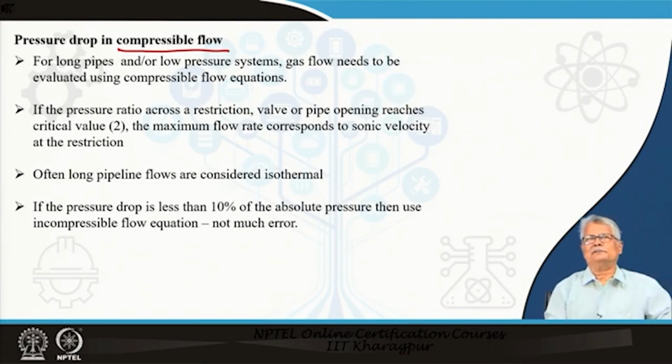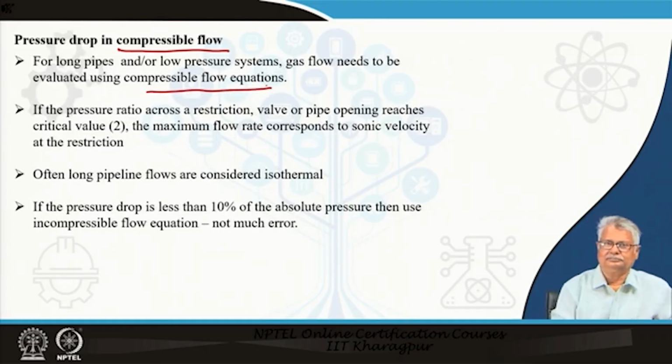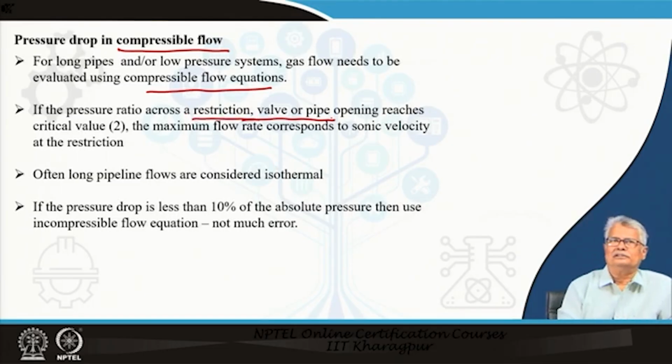Normally, for long pipes and low pressure gases, the flow needs to be evaluated using compressible flow equations. This is something very important. Why? Because there is a large pressure ratio. If the pressure ratio across a restriction, which could be a valve or even a pipe opening or an orifice, reaches a critical value, the maximum flow rate that can happen through that particular restriction is limited to the sonic velocity at the restriction.